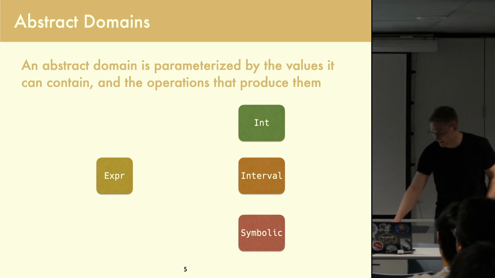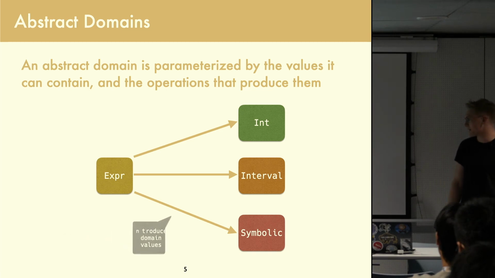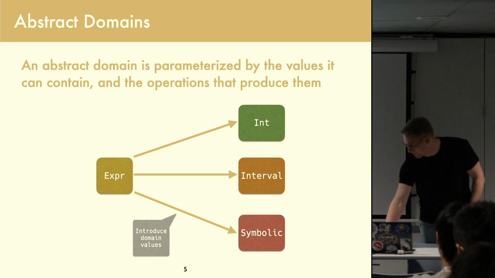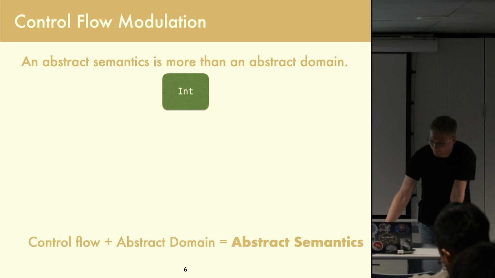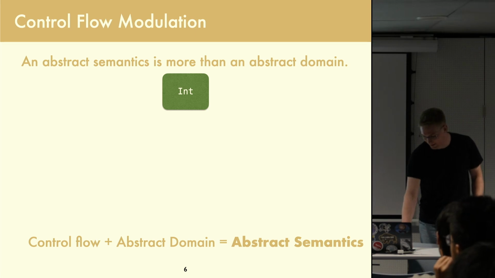Here we can see that we need to take our expression to either integers, which would be our concrete domain, the interval domain, or something like the symbolic domain. These introduce domain values, and we implement this via algebraic effects. The second axis of our problem is control flow modulation. An abstract semantics is an abstract domain plus the control flow for that specific semantics.